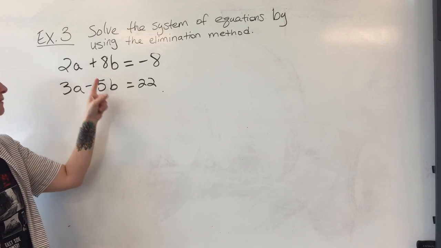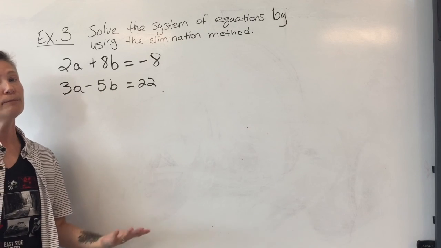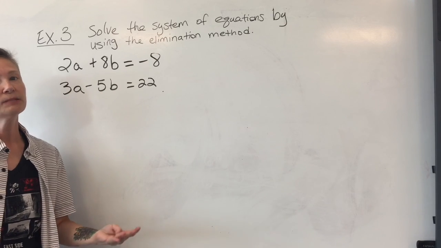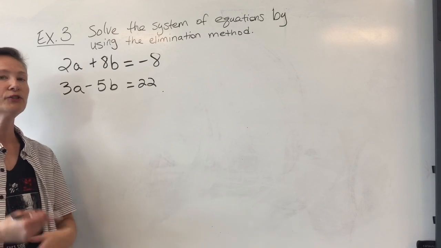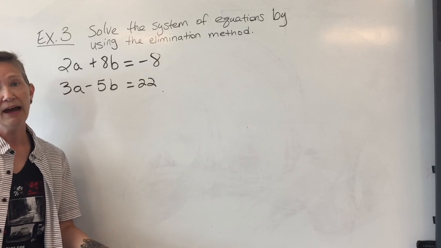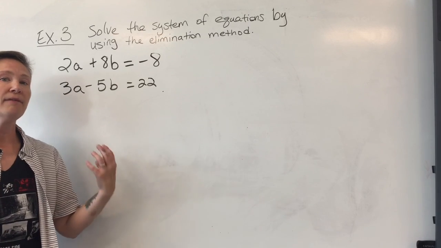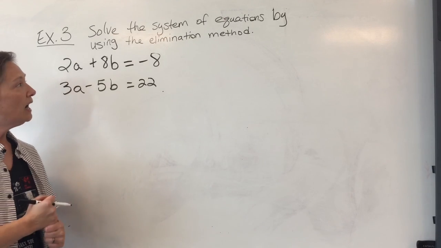On my B term, I've got opposite signs and different coefficients. So for me, I feel the easiest plan of working through this is to begin with eliminating my B terms because they already have opposite signs. So now I have to make them have the same coefficient.